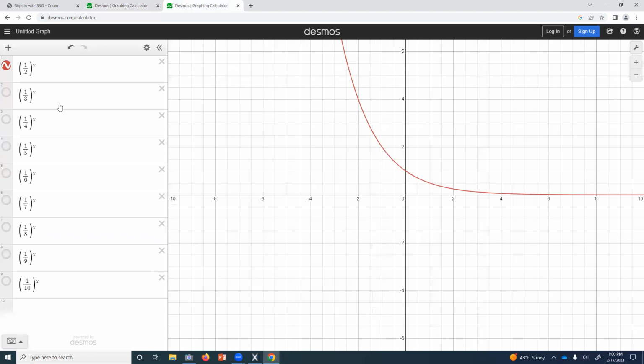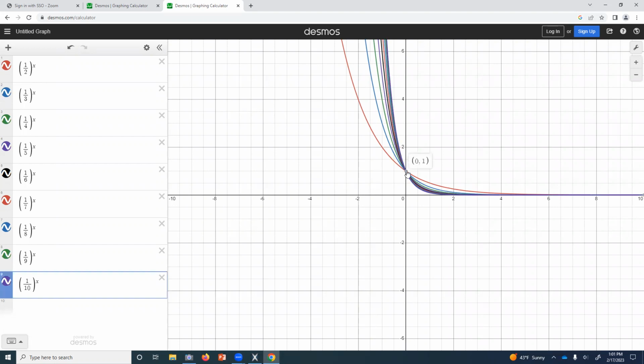So now, here is my 1/2 to the x power decreasing. So as this base again gets smaller, right? 1/3 is less than 1/2. I'd rather have half of a pie than a third of a pie. As this gets smaller, the base is also going to get steeper. Now, all of these again have that same y-intercept of 0, 1.